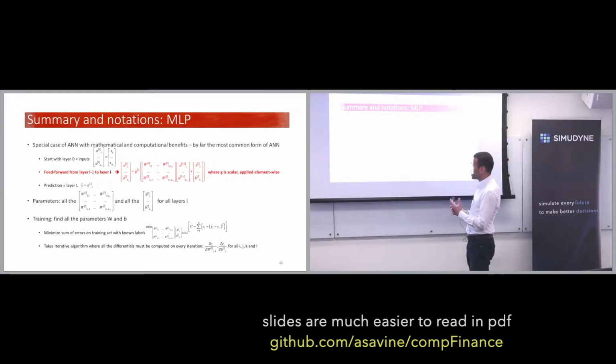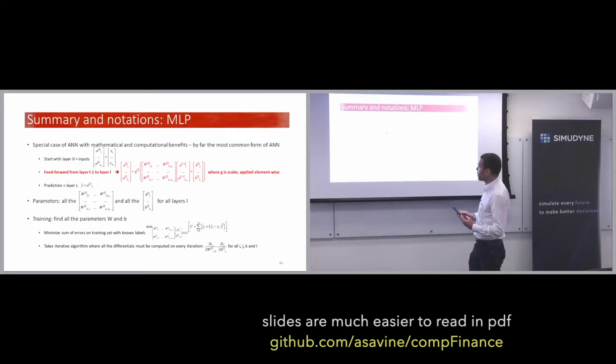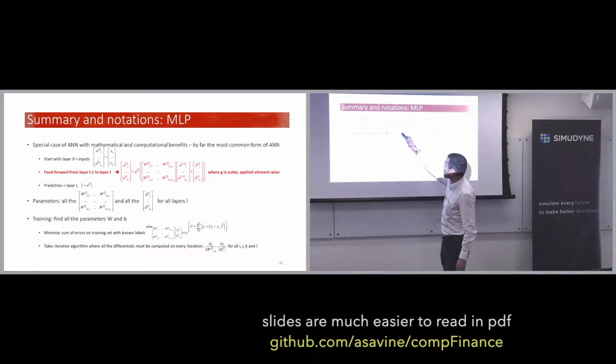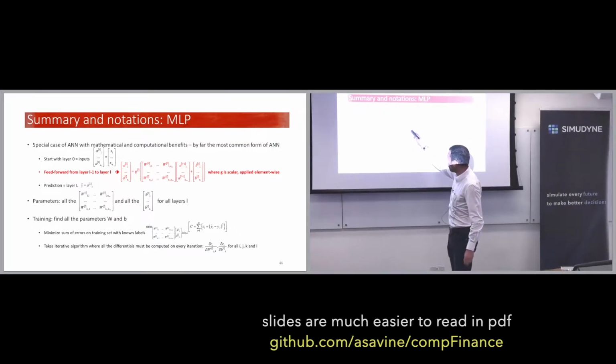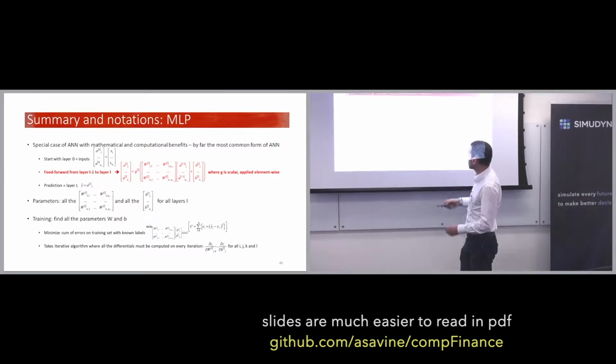So this is really a matrix of weights, where Wij will be the weight of the unit J of the previous layer in a unit I in the next layer, right? So at each layer, we have a matrix of weights and a vector of biases.